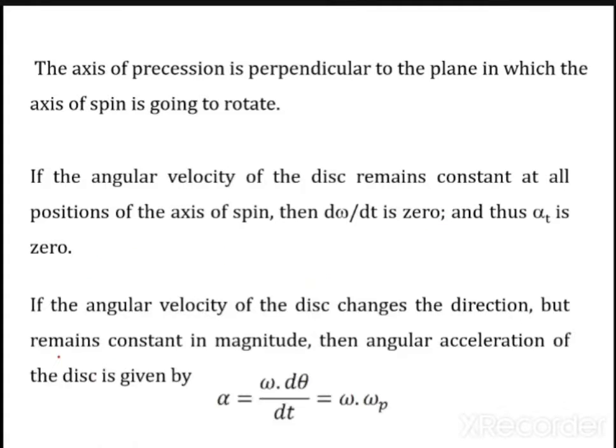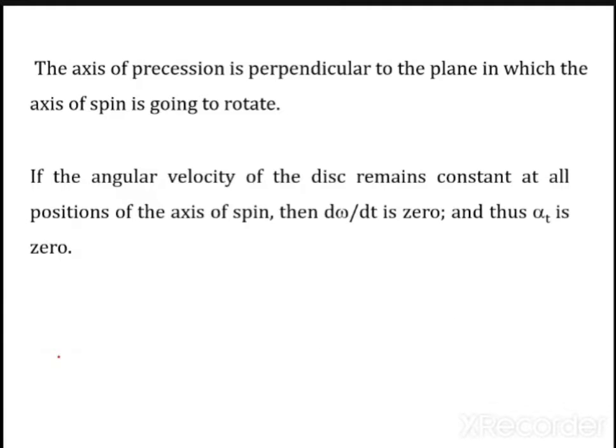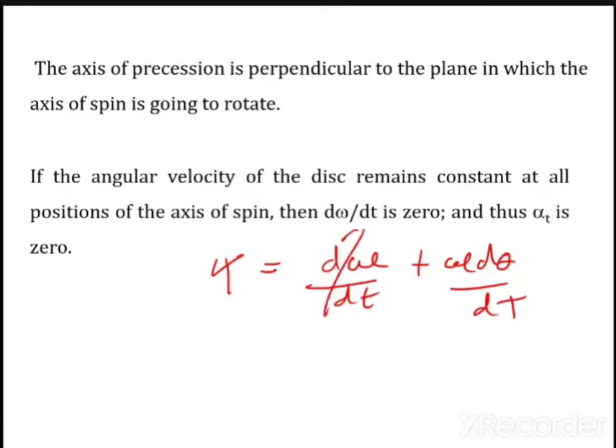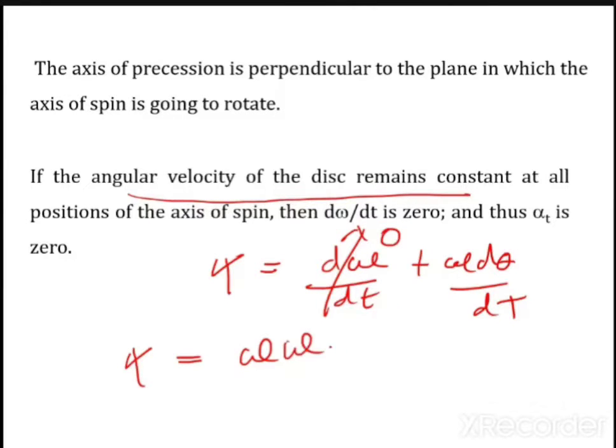So if that is 0, what am I getting? My total angular acceleration alpha is equal to d omega by dt plus omega d theta by dt. Okay, but the first term is 0 because the angular velocity remains constant, so I am getting alpha equal to omega times d theta by dt, which is omega into omega p.